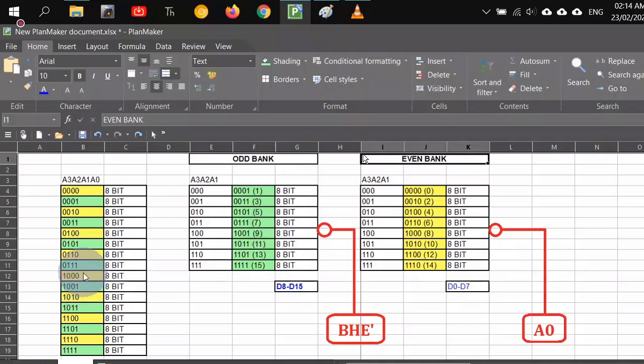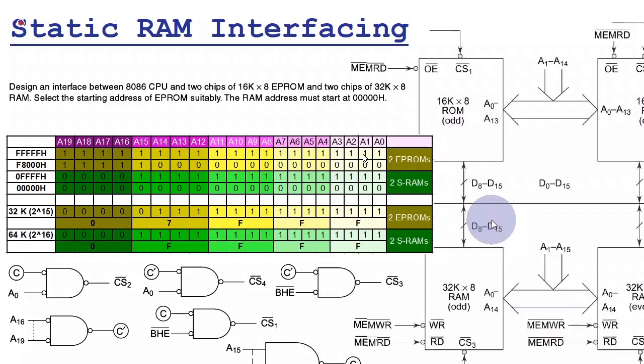In any combination of even and odd addresses, you have to start from the even address only, which will be the lower address, and the odd address will be the higher order address. If you now correlate this with the diagram, the lower order byte of the data bus is connected to the lower order address, and the higher order byte of the data bus is connected to the odd memory bank, which is the higher order address. So from here, the little endian fashion of transferring data between registers and memory comes into play.